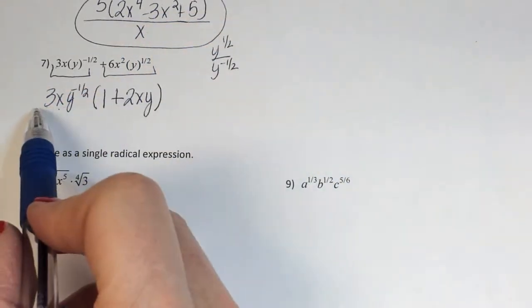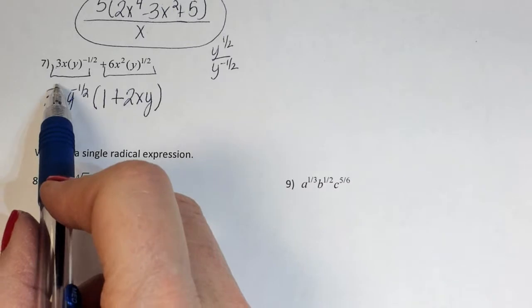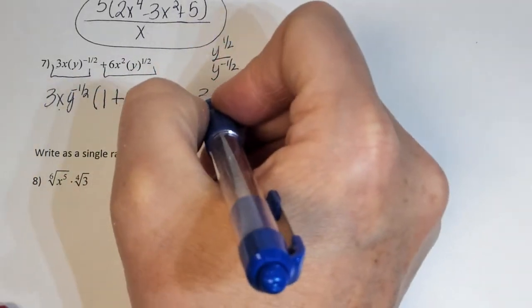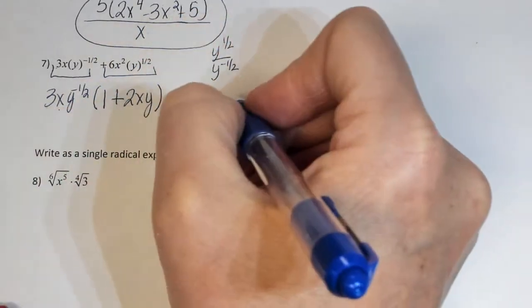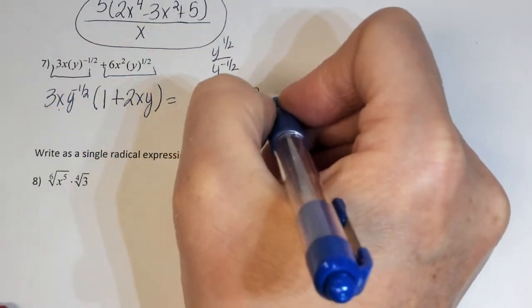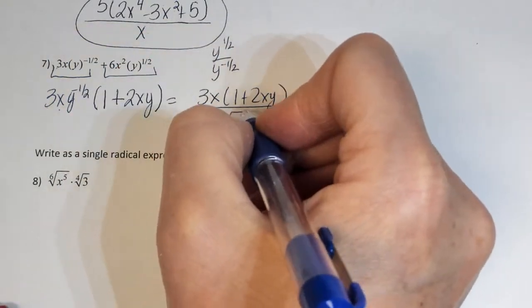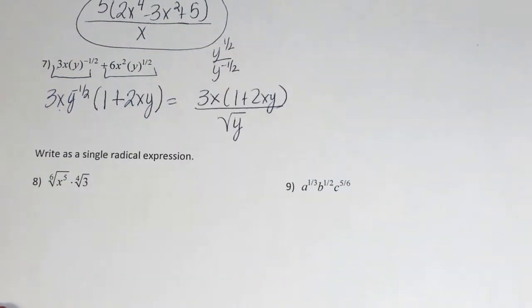So look at how this is going to get simplified. 3 is to the first, x is to the first. Those are going to stay on top. This stays on the top. But y to the negative 1/2, that has to go to the bottom. And now I have to rationalize it, because I shouldn't leave it unrationalized.